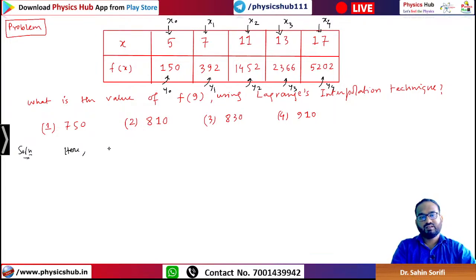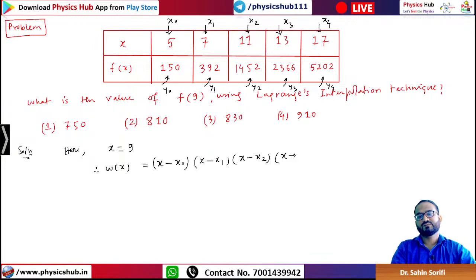So here, x is equal to 9. What will be w of x? It is (x minus x0)(x minus x1)(x minus x2)(x minus x3) and (x minus x4). Five values are given, so five terms will come.